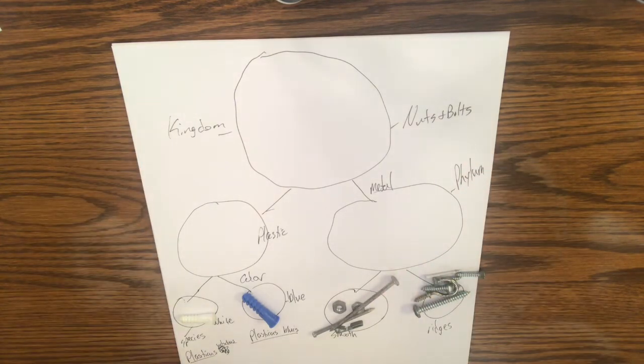Once you get to an individual level where you have the item all by itself because it's the most specific classification organization that you can create for it, you then are going to give each item a scientific name. Now remember, a scientific name has to follow the rules of scientific naming, a genus name and a species name. Organisms that are similar will have the same genus name. Remember, these were both plastic, so I called them both Plasticus. And then I used whitus to describe the white one, and the blue, I just used the word bluus to describe it.